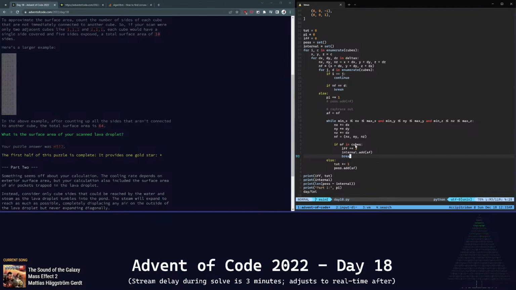You pick an arbitrary point in the middle, and you try to BFS to the edge. That's an interesting solution. You try to BFS basically out of the cube, and if you can't, then it's internal, so you fill yourself in, and then you rerun the cube algorithm. Okay, let's do that. I have no idea if that's the intended solution, but it would work.